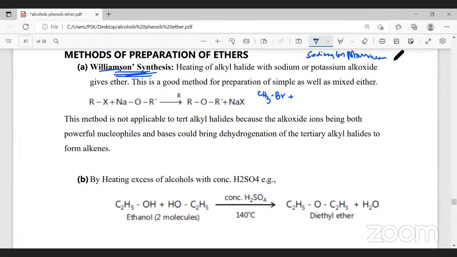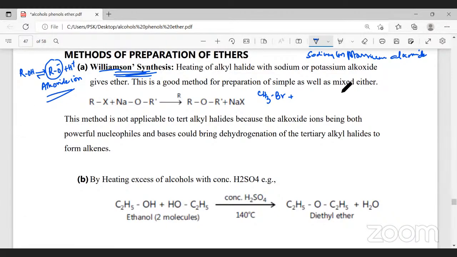What is sodium or potassium alkoxide? Alcohol, generally we represent as ROH. This alcohol will dissociate very partially to form RO minus and H plus. It's not stable. This RO minus is called the alkoxide ion.